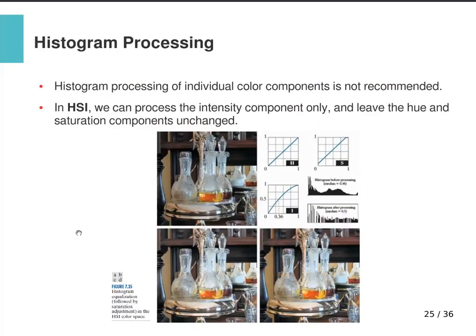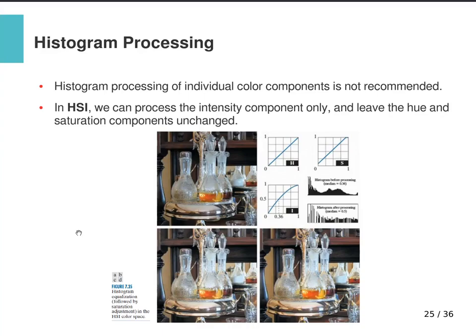So what about histogram processing? If you remember, we did introduce two techniques for histogram processing: histogram equalization and histogram matching. So what about color images? Histogram processing of individual color components is not usually recommended.